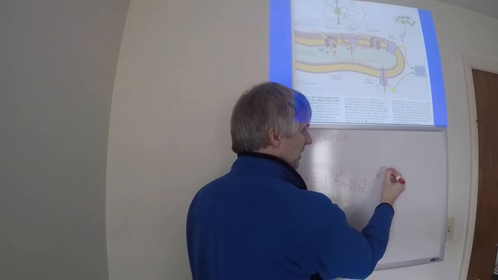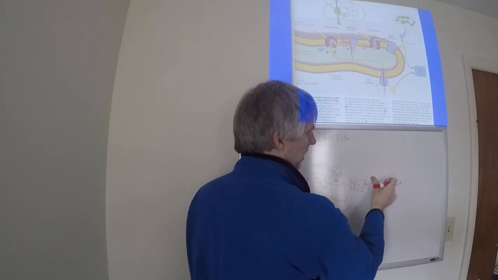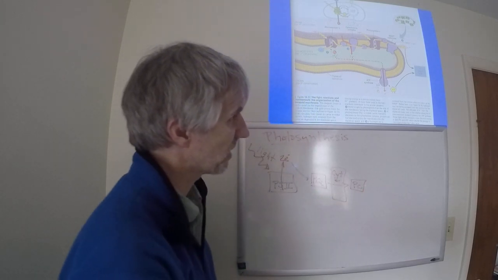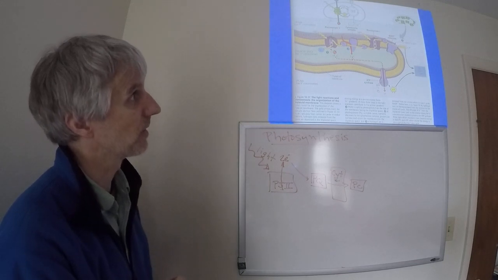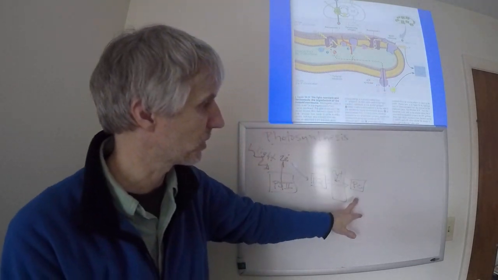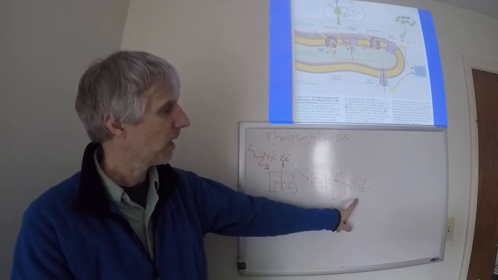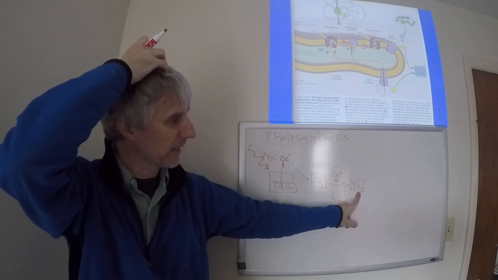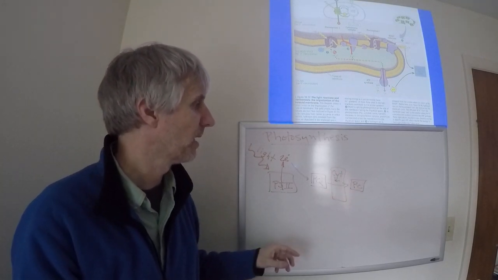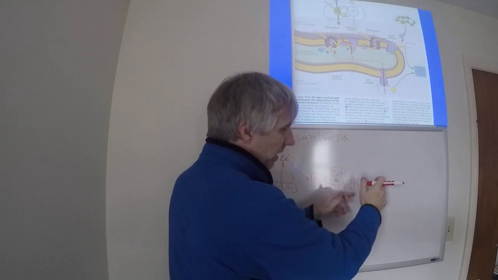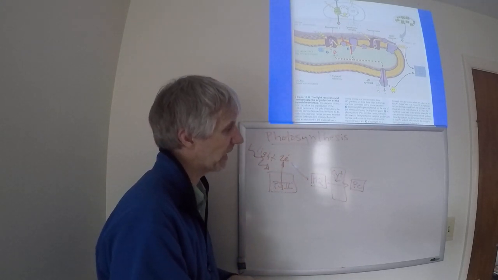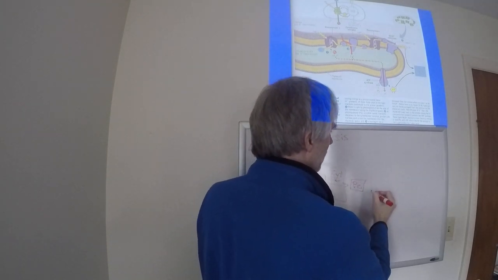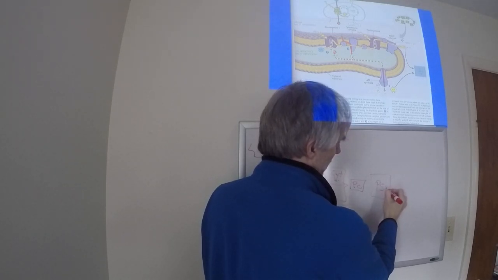And then once plastocyanin has those electrons, we would essentially halt the chain right there, unless we had somebody to take electrons from plastocyanin, in which case we could keep the electrons moving through the chain. So to do that, we'll put another photosystem in here.